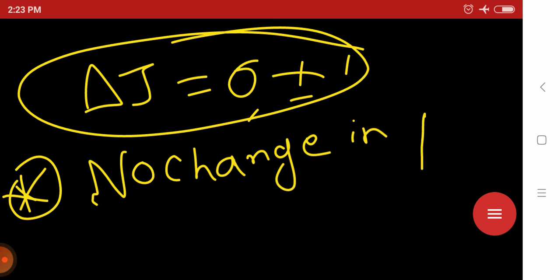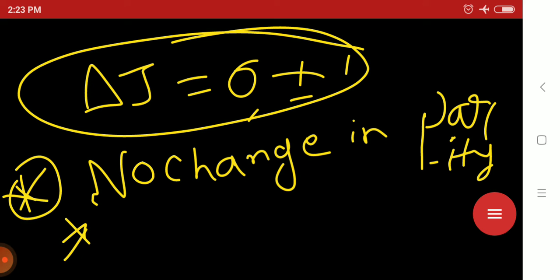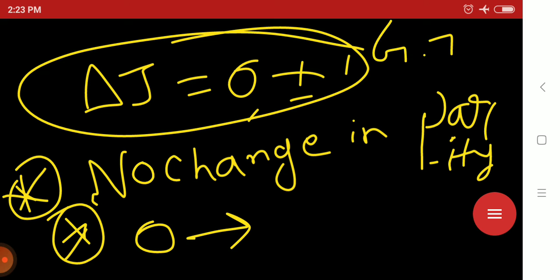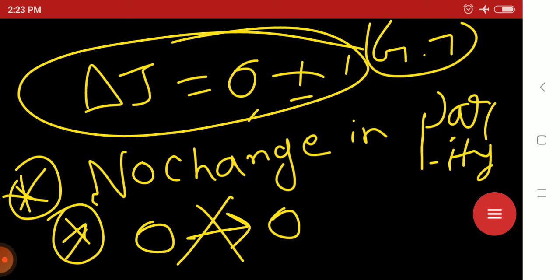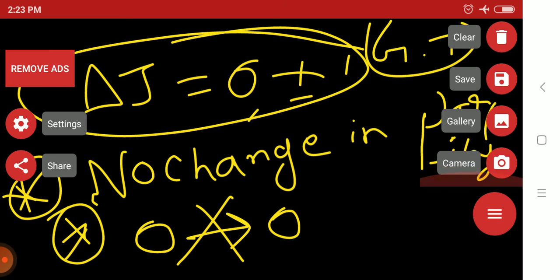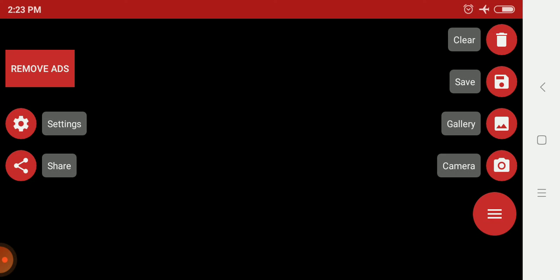But the important thing is, for the allowed GT transition, 0 to 0 is not allowed. So these are some properties for checking Fermi transition and GT transition in the case of allowed transitions. So we are now going with an example.